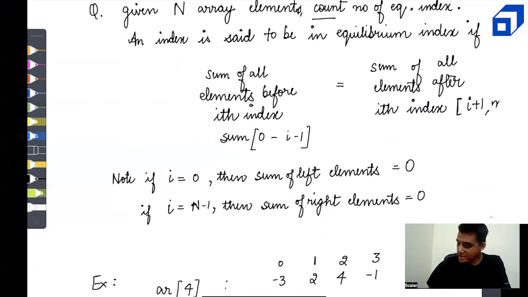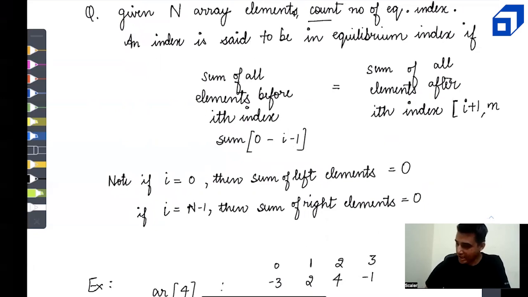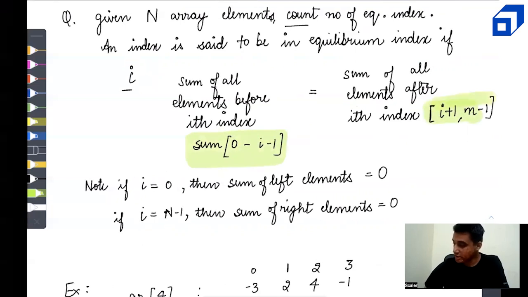For the ith index, you have to check whether the sum of all the elements from the 0th index till i minus 1 is the same as the sum of all the elements from i plus 1 till n minus 1. So the left side elements and the right side elements, if the sum of all these elements is exactly the same, then I would say i is an equilibrium index.